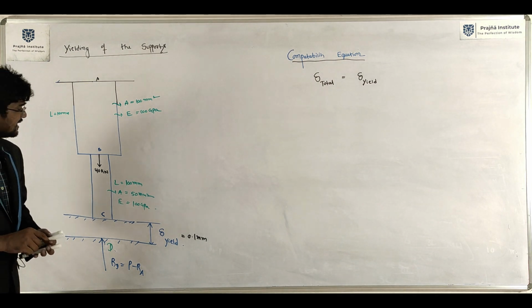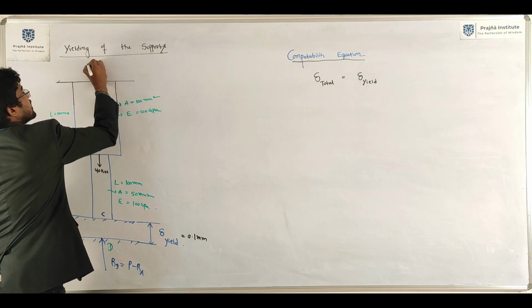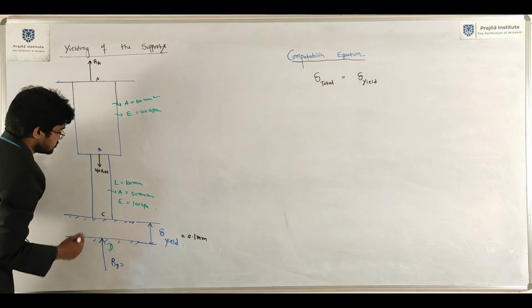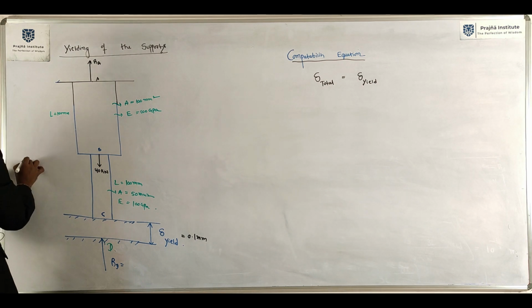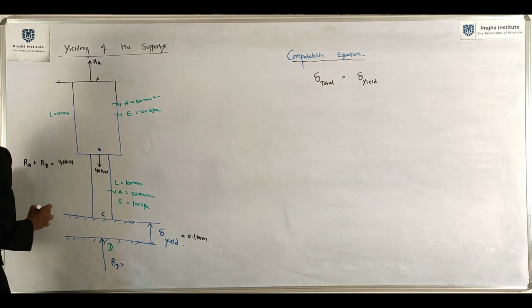Now, it is very simple. Here the support reaction will be RA. Of course RA plus RD equals 40 kilonewton.